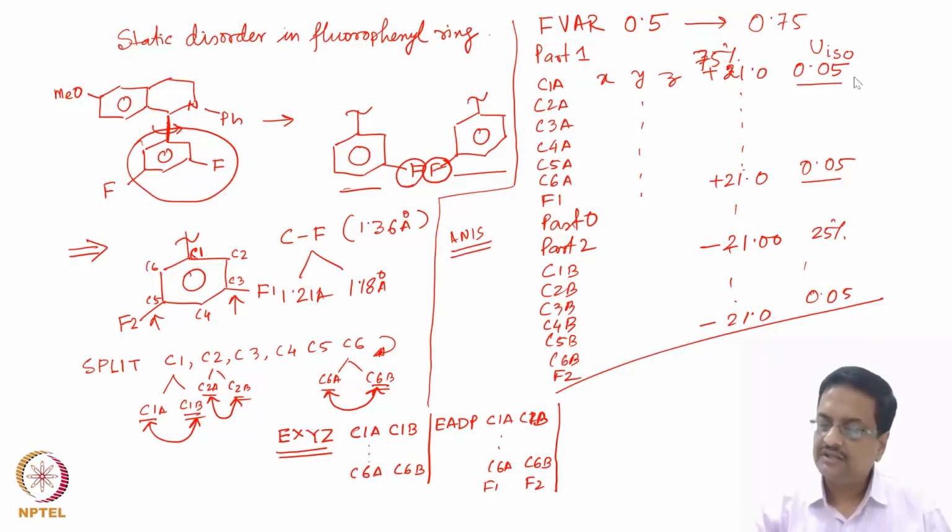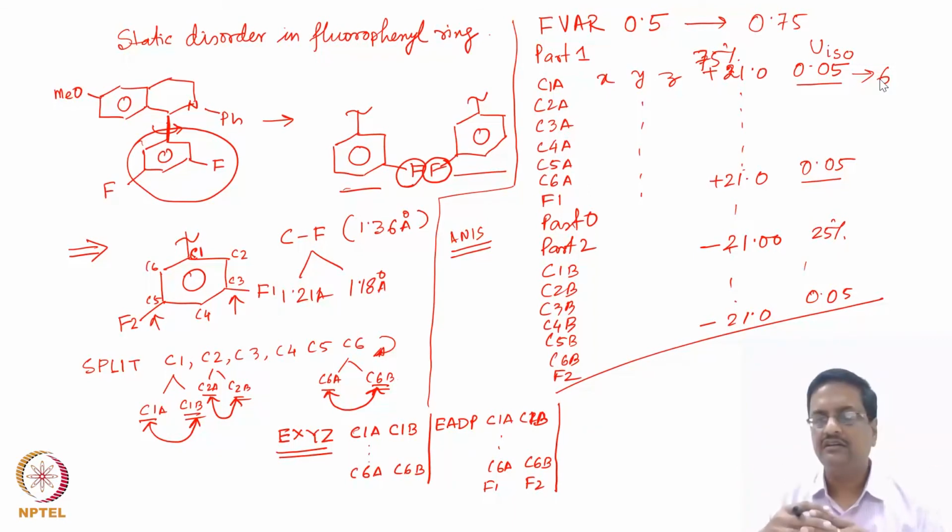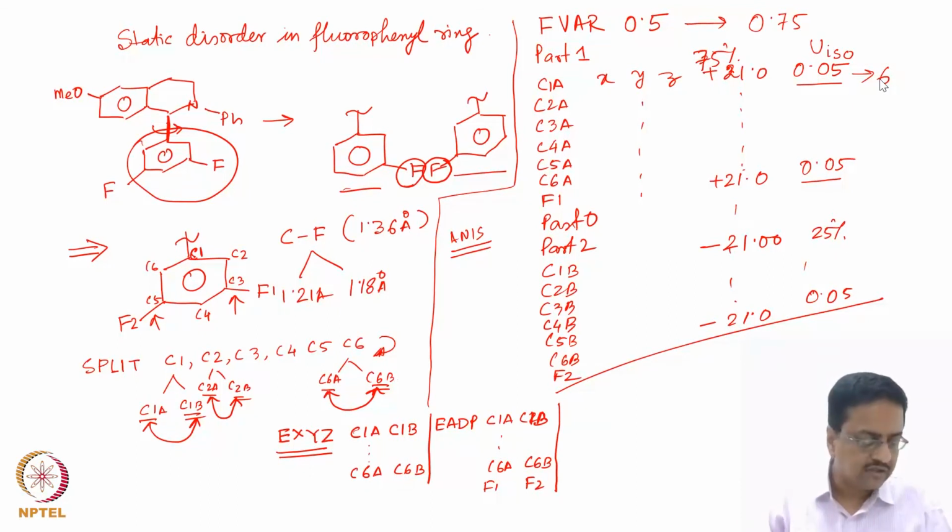This single thermal parameter will then expand to 6 thermal parameters, and the atoms will look like ellipsoids, and those ellipsoids should not look elongated, flat, or like a pyramid. If some such things happen, then we need to address those issues and try to see how those can be made elliptical.